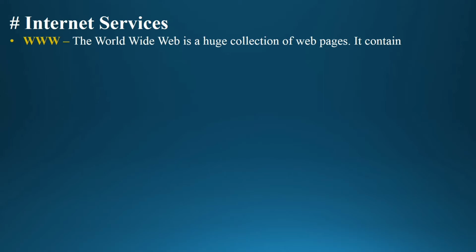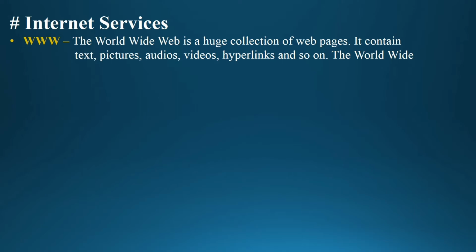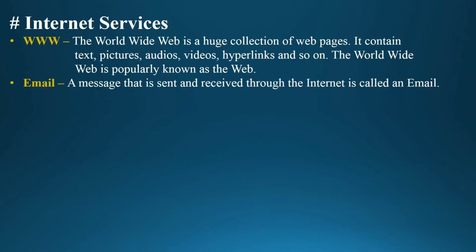Number 1, www. The World Wide Web is a huge collection of web pages. It contains text, pictures, audios, videos, hyperlinks, and so on. The World Wide Web is popularly known as the web. Number 2, email.